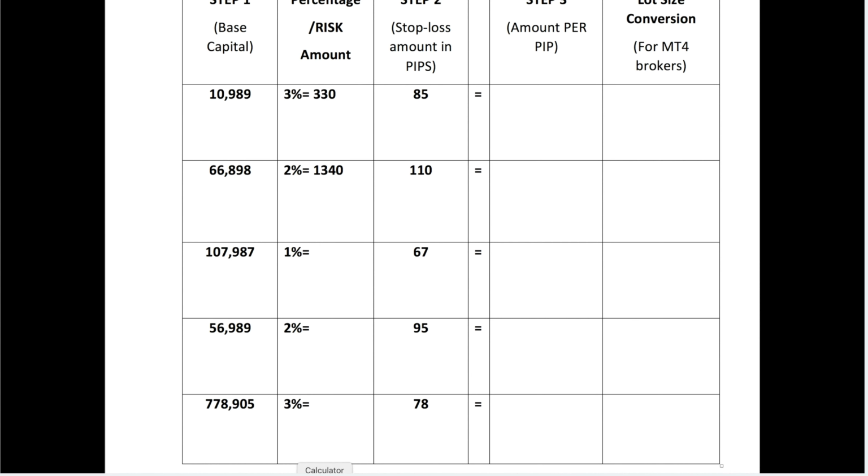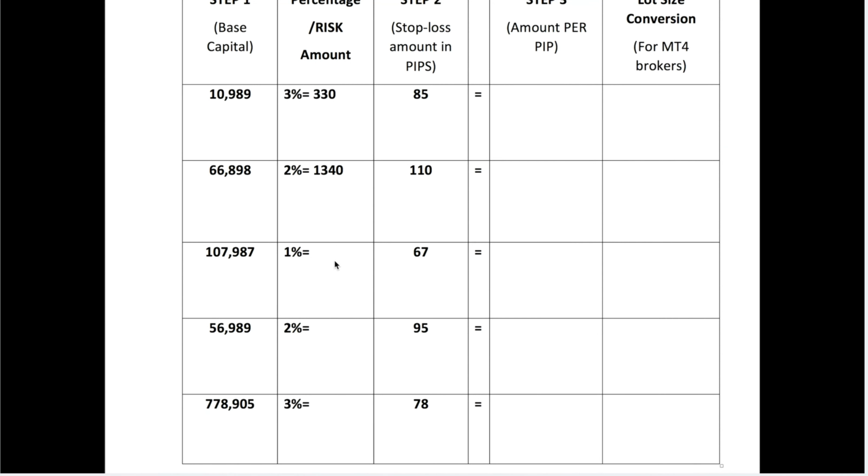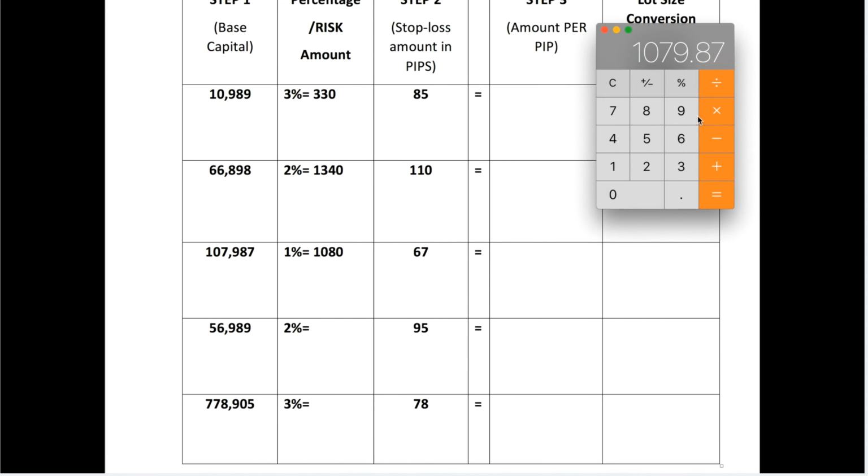Next one, slightly bigger account this time, 107k, 108k. So 107,987. And this is 1%, so we can do straight divided by 100, equals £1,079.87. £1,080. Next, we want 2% of the next figure, slightly smaller account this time.